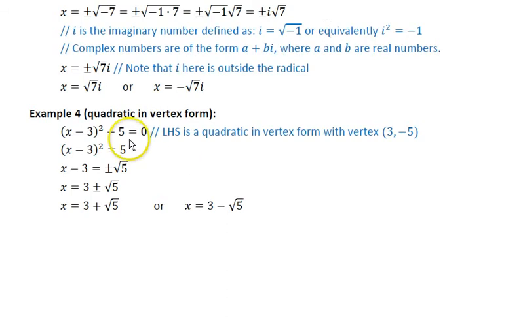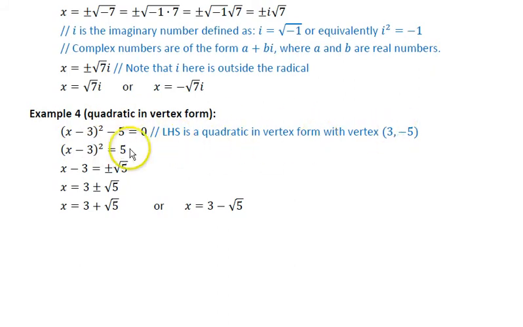Example 4, we have a quadratic equation where the left-hand side happens to be a quadratic in vertex form. If you haven't studied vertex form yet, that's all right, but it's good to be exposed to things that you'll learn later on in the context of something you're learning now.